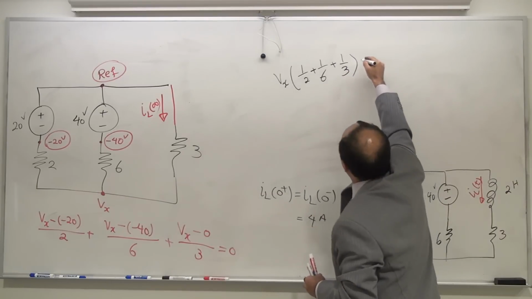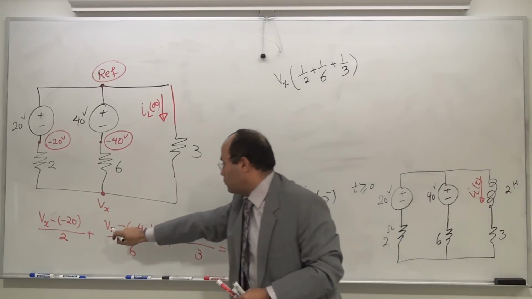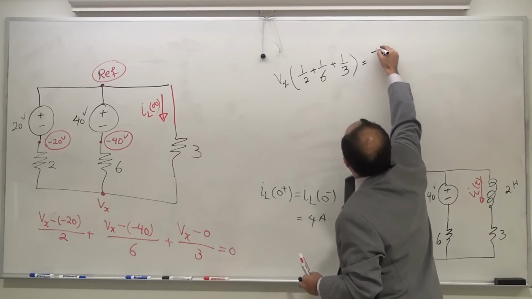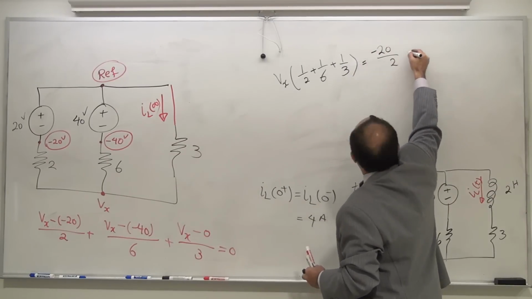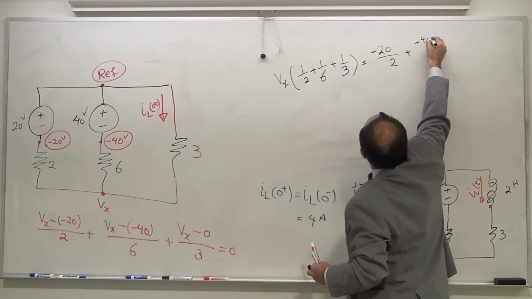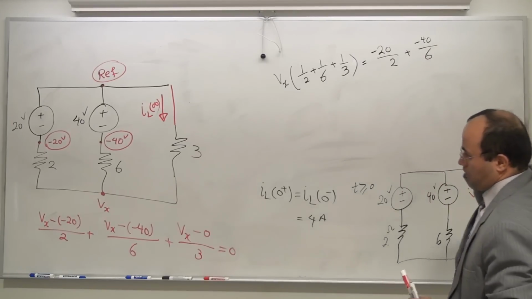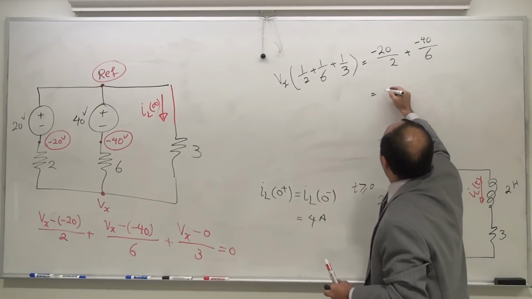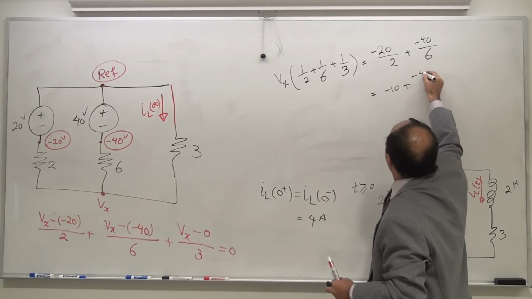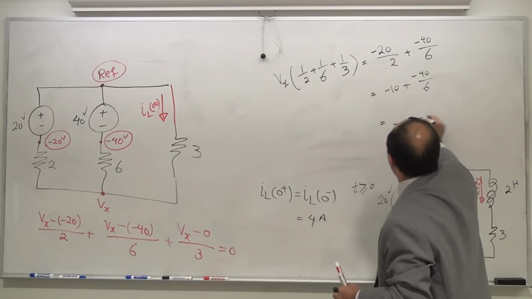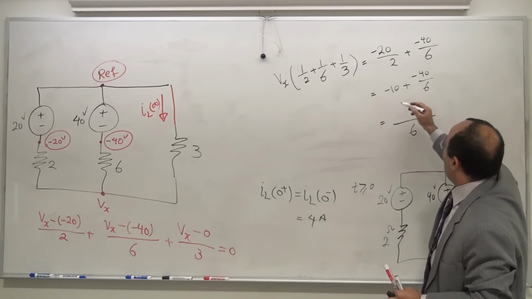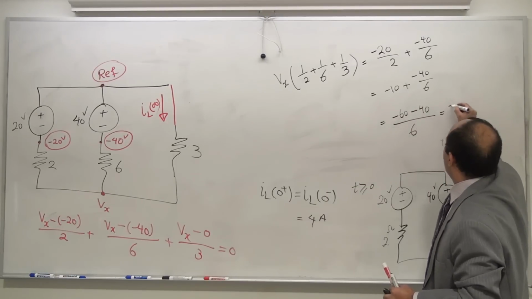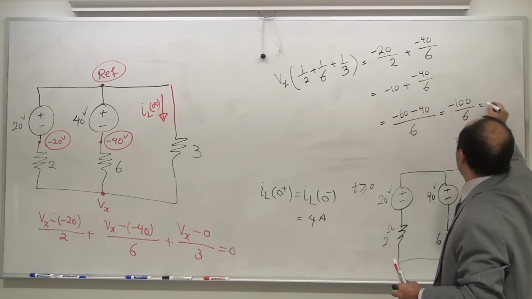And then take everything to the other side. This is 0, no worry. That's going to be minus 20 divided by 2 plus minus 40 divided by 6. This one is going to be minus 10 plus minus 40 divided by 6, or you can take the common denominator: minus 60 minus 40, that's minus 100 divided by 6.